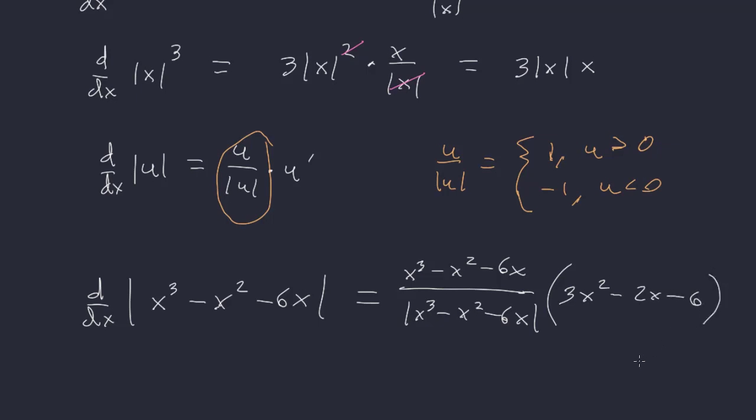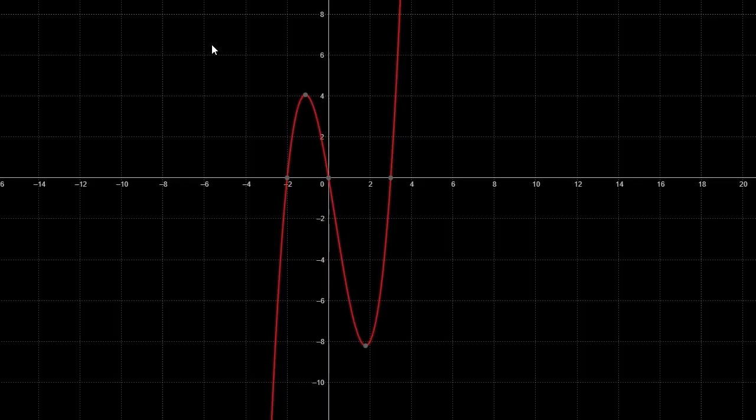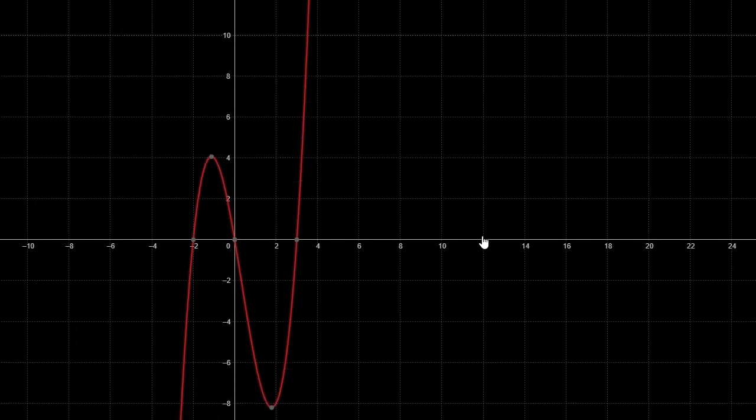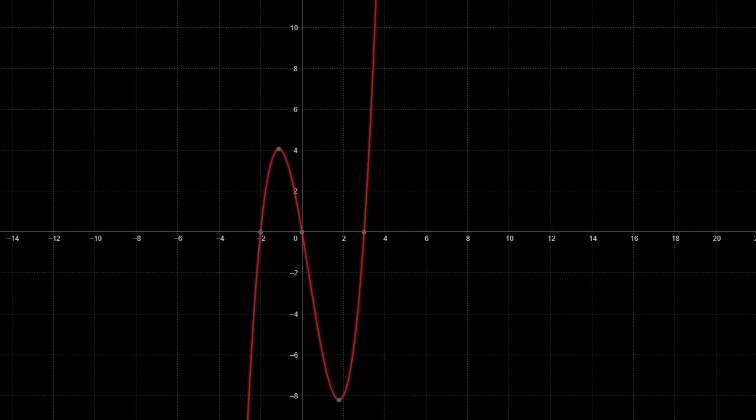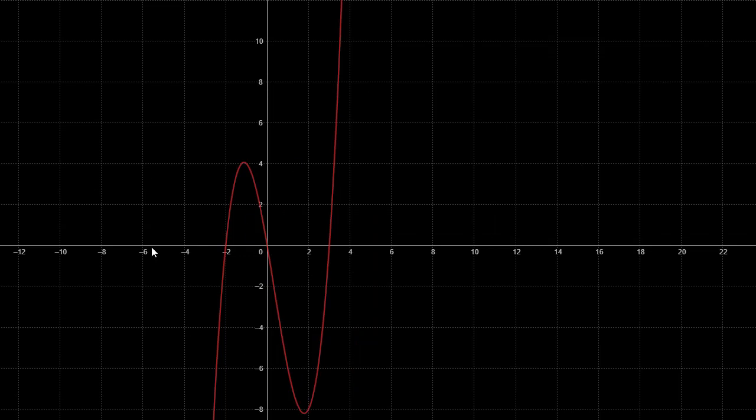Okay, so to show what's going on graphically here, this is just the function in red, x cubed minus x squared minus 6x. So this is what happens without the absolute value. But when we add in the absolute value, all the places where the function is negative are going to flip up to be positive.